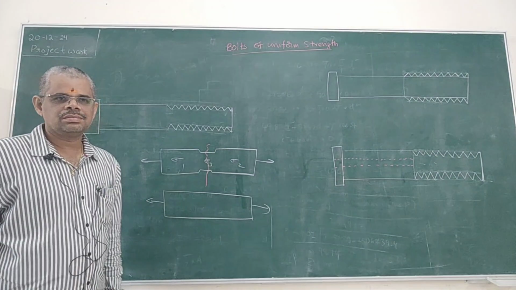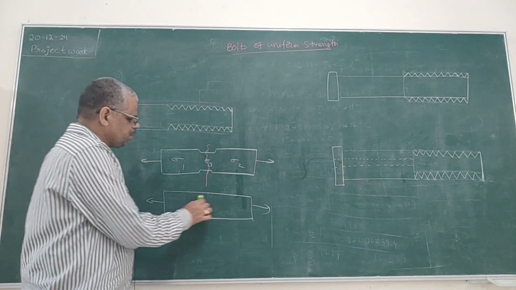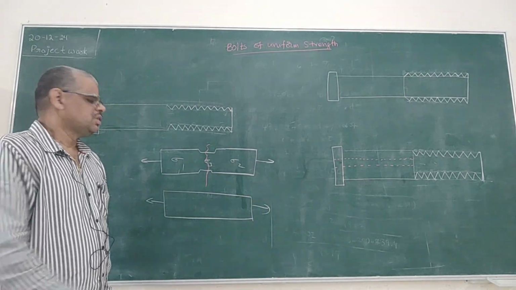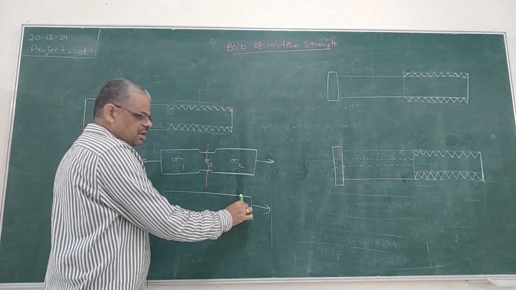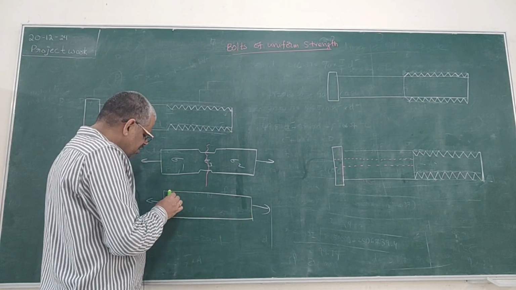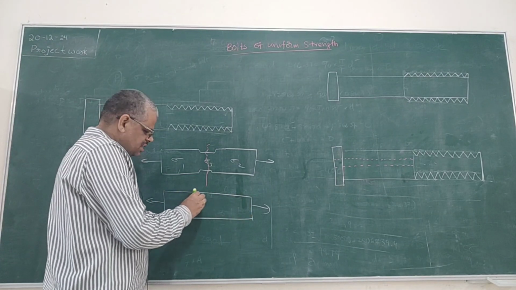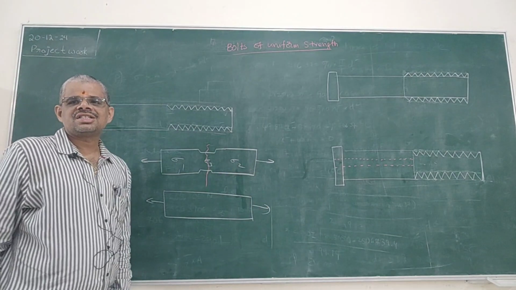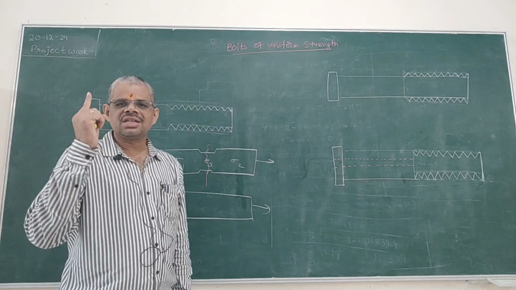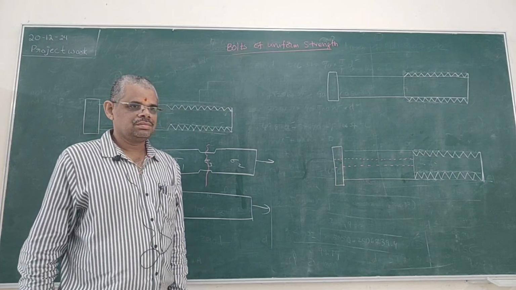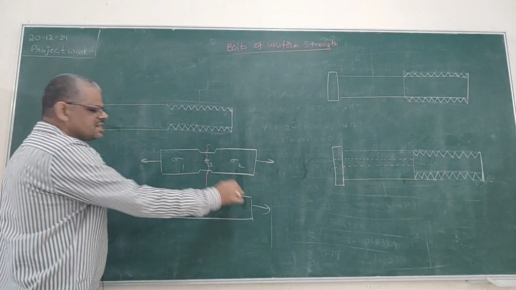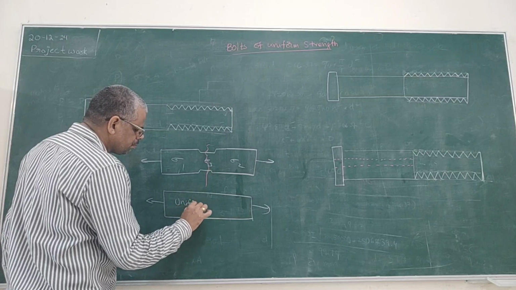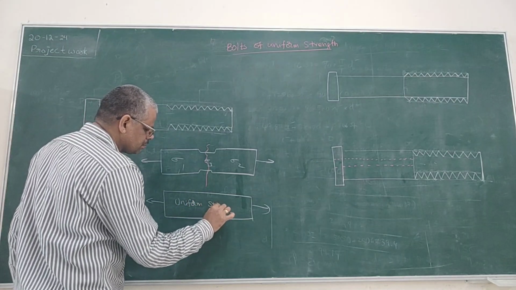This bar here is also subjected to a tensile load. Now if you observe the stresses developed at this section, at this section, at this section, at this section, throughout the section the stress developed has a single value. So that's why this is called a bar of uniform strength.